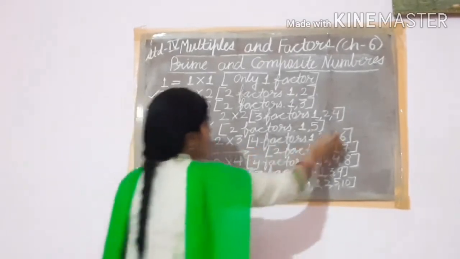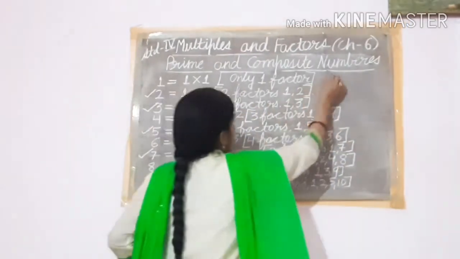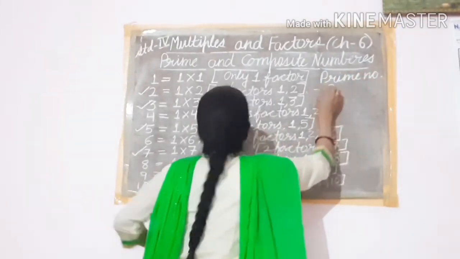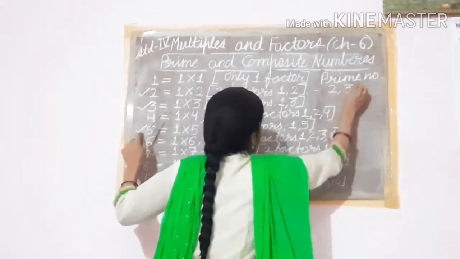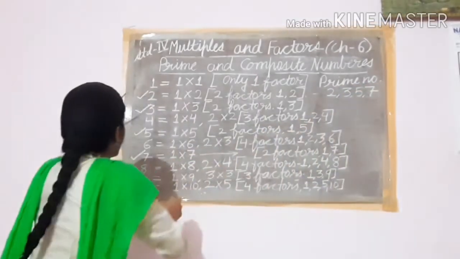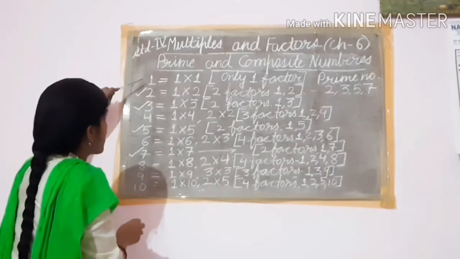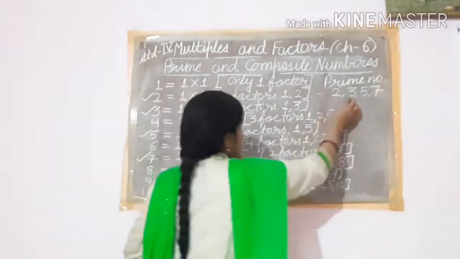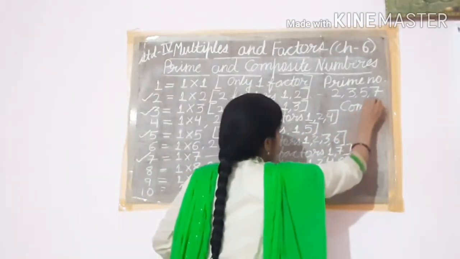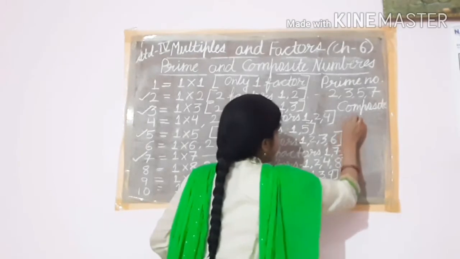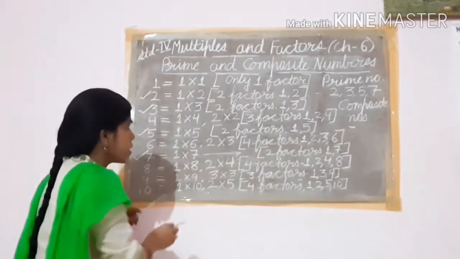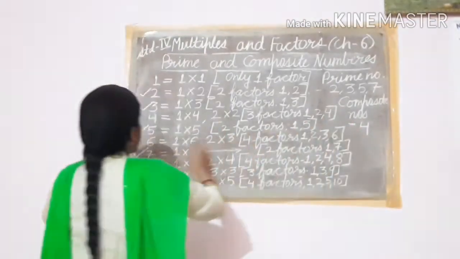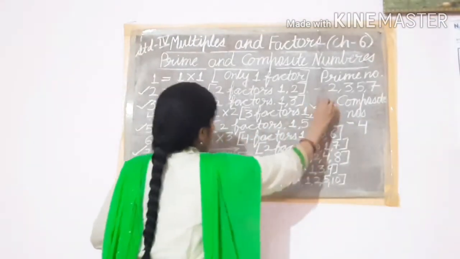So the prime numbers here are 2, 3, 5 and 7. I am taking from 1 to 10 natural numbers. Then composite numbers are numbers which have more than 2 factors, that is 4. 4 is a composite number.